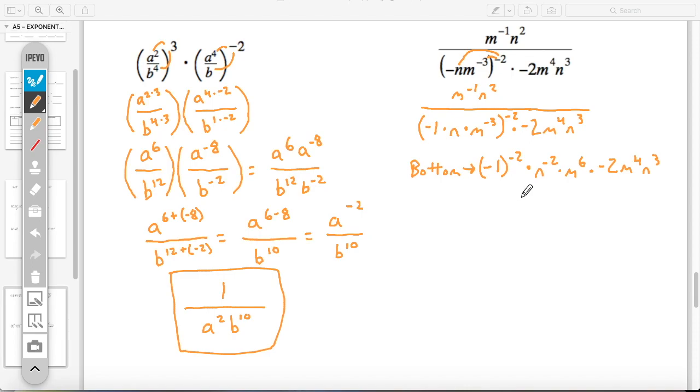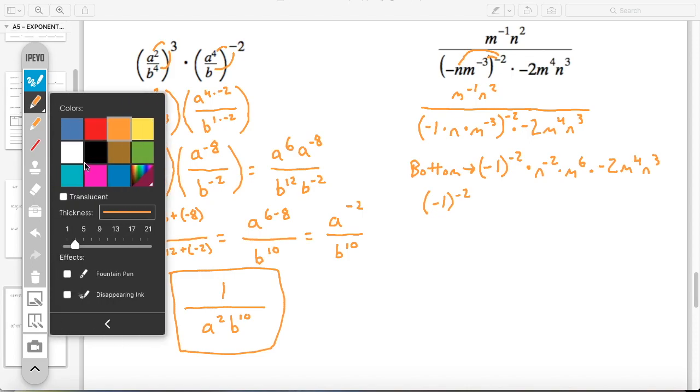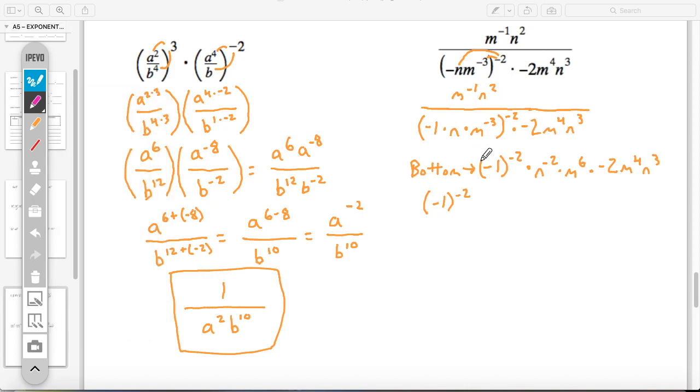So what I'll do here, combine some like terms. So I end up having, I'll keep my -1 to the -2 over here, okay? I have my n's, okay? So n to the -2 times n cubed, so -2 plus 3, we've got the power rule.